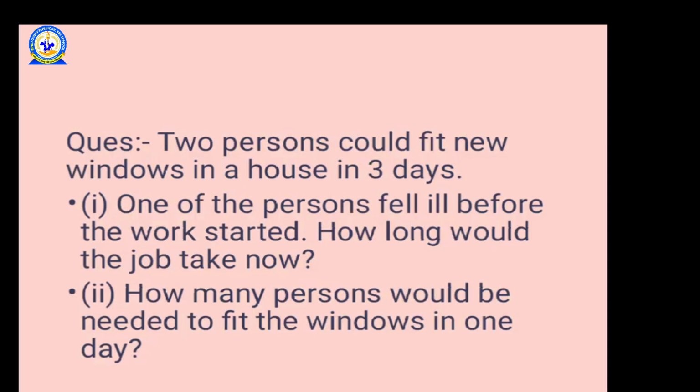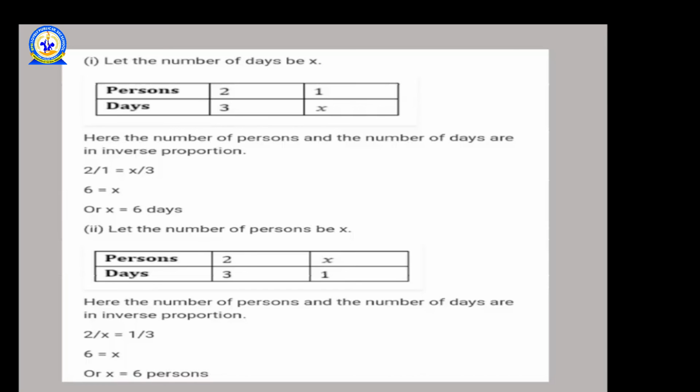When I assign one work to 2 persons for 3 days, if one person is ill, it will take more days. So let us see. Let the number of days be x. That is again a question of inverse proportion. Why? Because if the number of persons decreases, the days will increase, because one person cannot do the capacity of 2 persons' work.